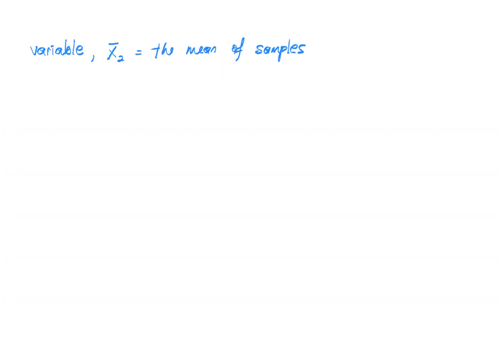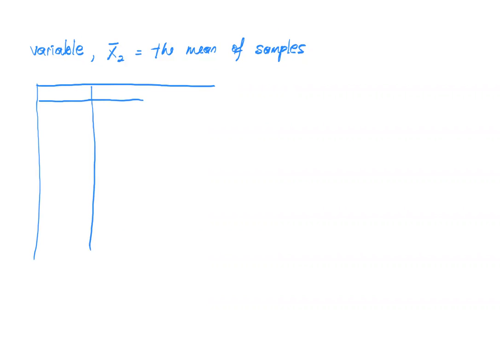And I put 2 there, that means the sample size is 2. Now we are going to list out all the possible samples, and for each one, we are going to find the sample mean.